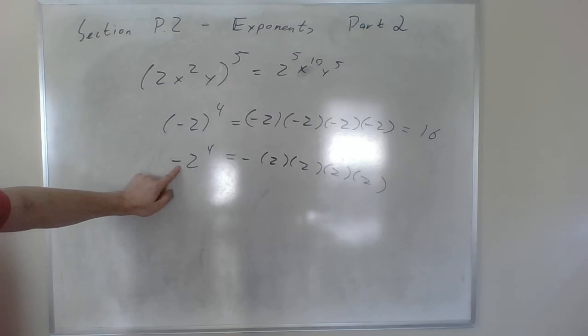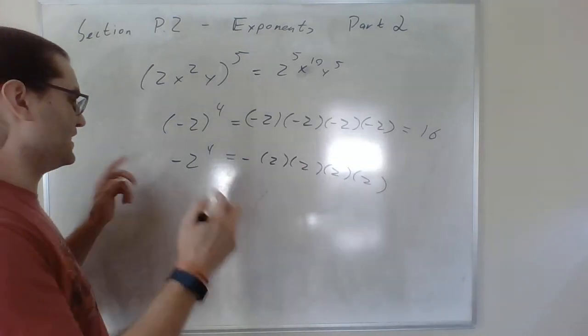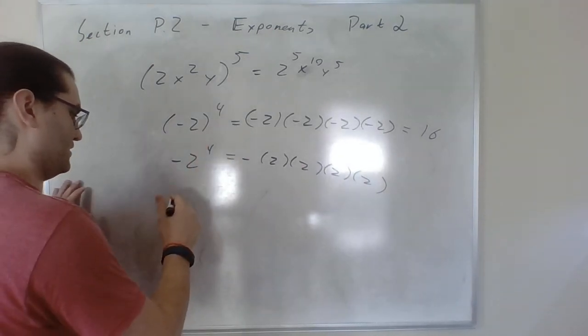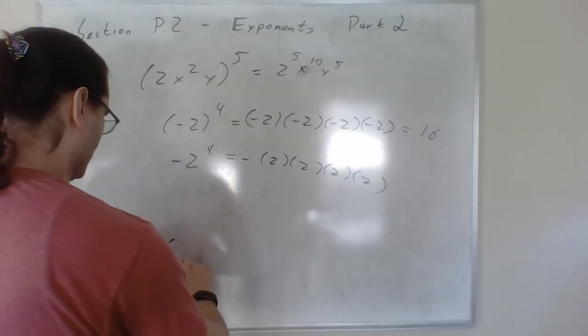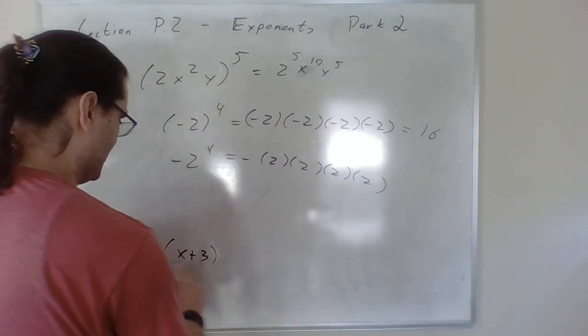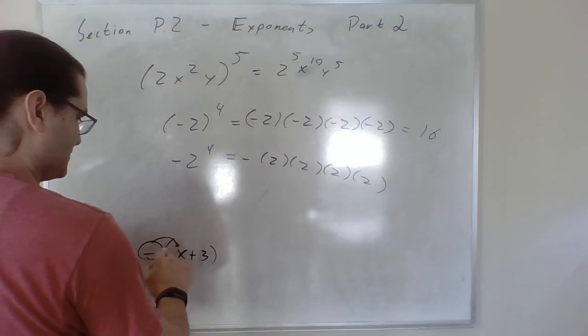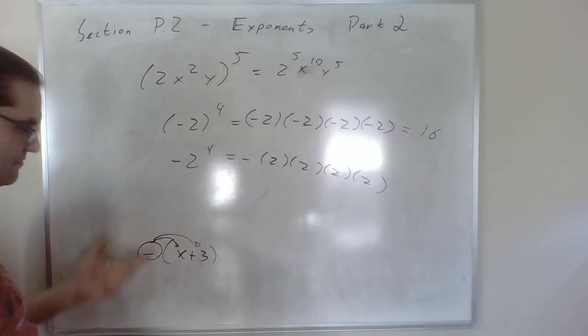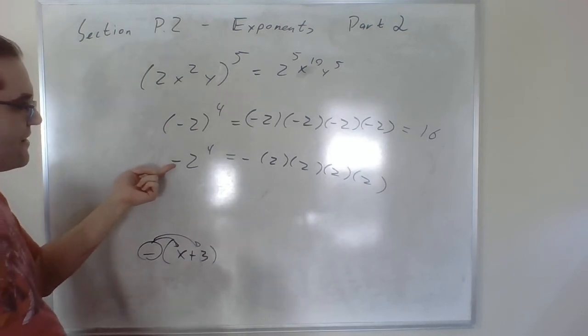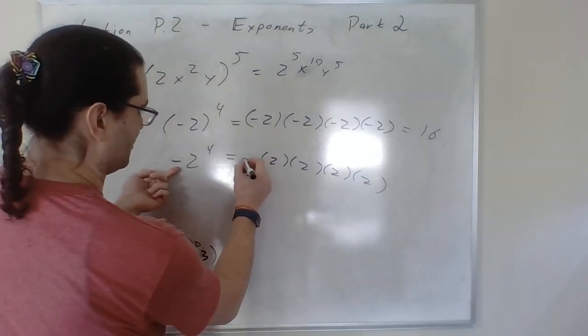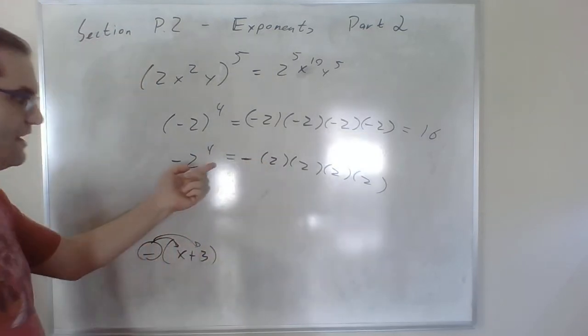This negative sign out front is sort of treated like it's a multiplication thing, which is, in my last video, we talked about how stuff like -(x plus 3), this negative sign distributes like it's multiplication. Same thing is happening here. You treat this negative as if it's a multiplication. It goes on the outside of the exponent.